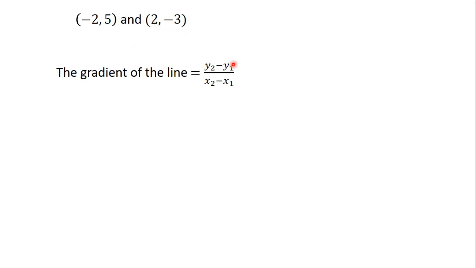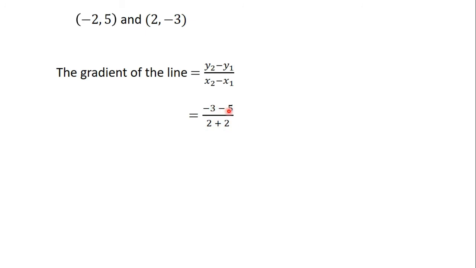We substitute these values into the formula and this will give us y2, which is minus 3, minus y1, which is 5. So we have minus 3 minus 5 divided by x2, which is 2, minus x1, which is minus 2. So you have 2 minus minus 2, and that will give us 2 plus 2. So we have minus 3 minus 5 divided by 2 plus 2.